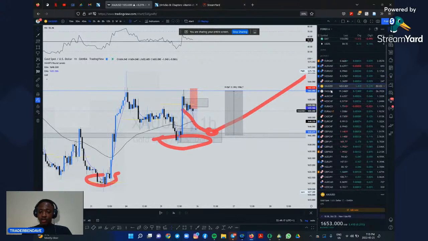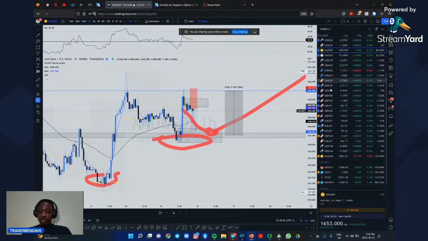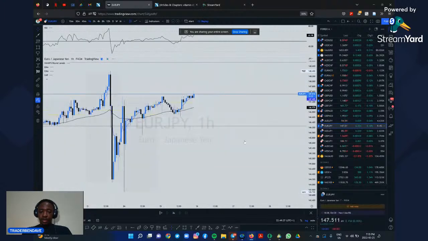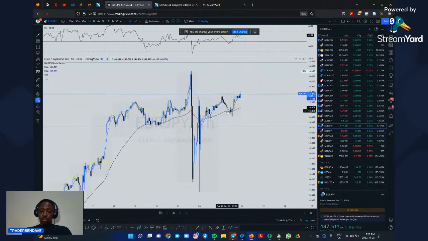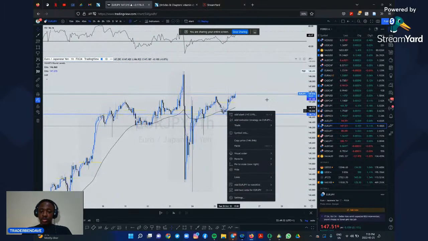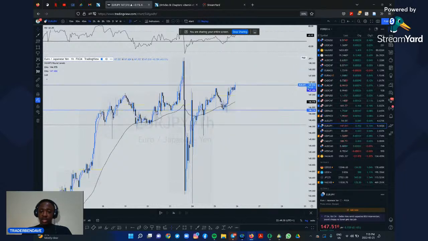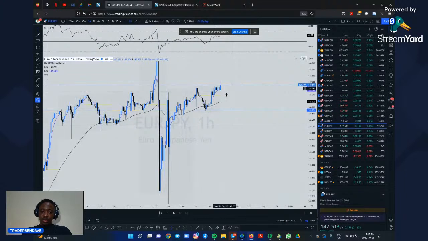All right. So we've talked about a lot of pairs. So JPY, I only talked about GBP JPY, waiting for the pullback down to buy. Euro JPY is also reacting to a very important psychological level here, 1.47600. But I'm not going to sell.